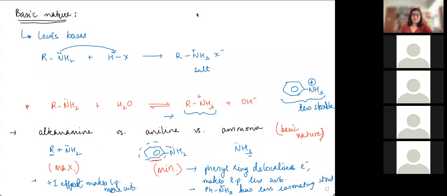So if you have to write the order, you can write it in this way: alkylamine greater than NH3, which is greater than aniline. This is the order, if you want to write it properly.